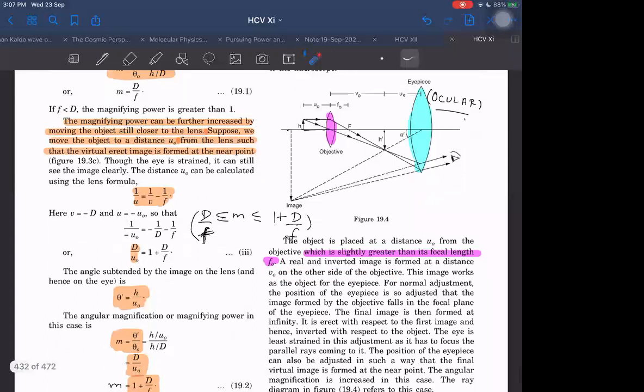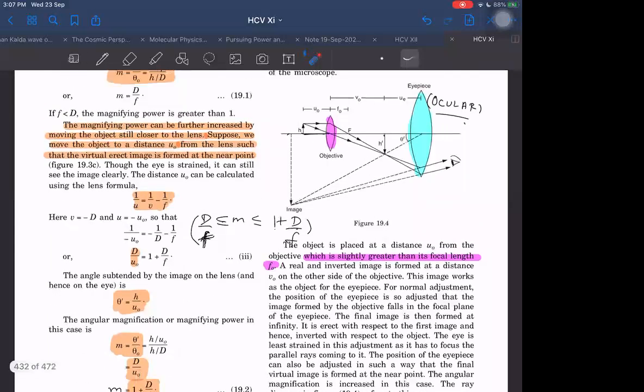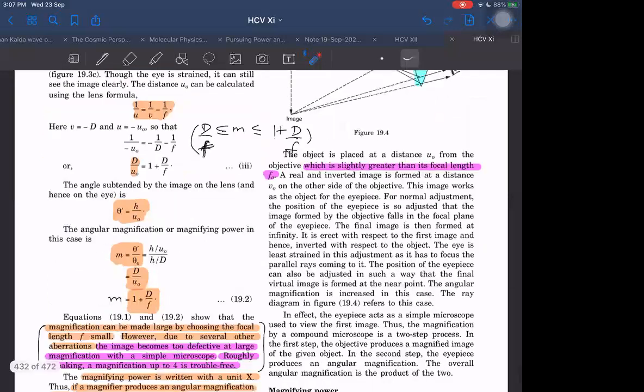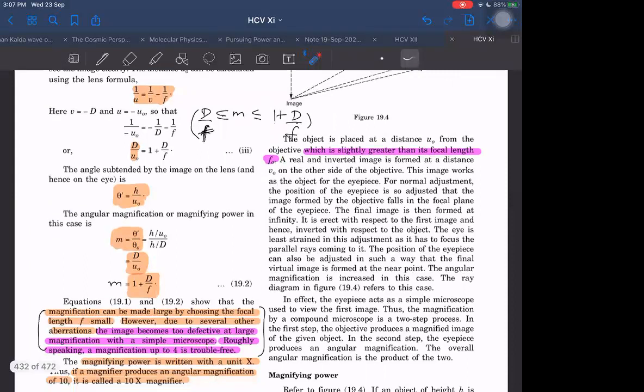Next, for the normal adjustment, the position of the eyepiece is so adjusted that the image formed by the objective falls in the focal plane of the eyepiece.